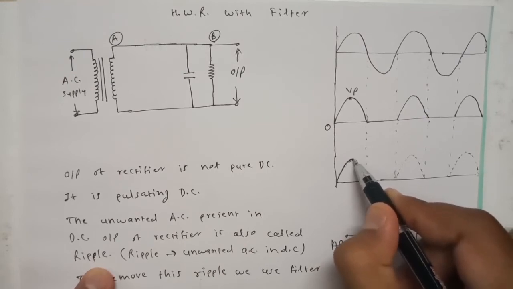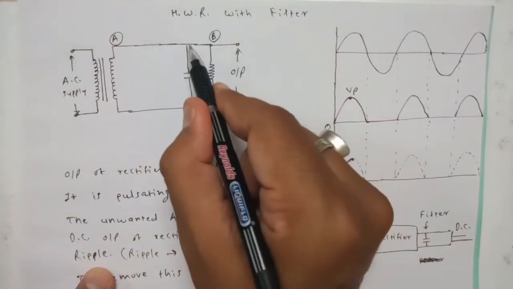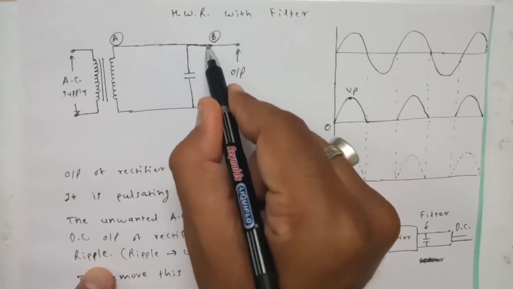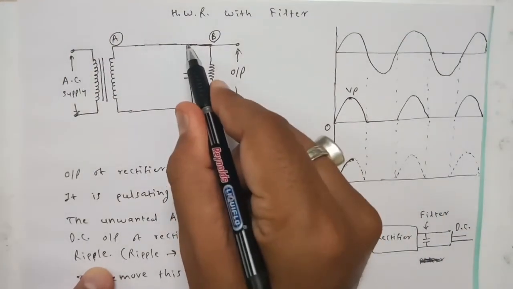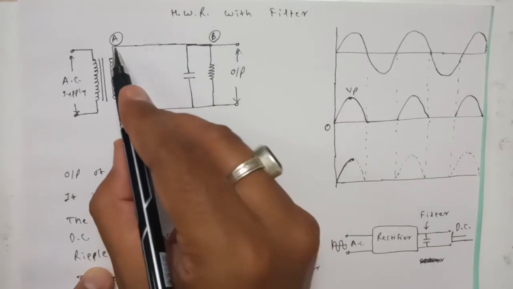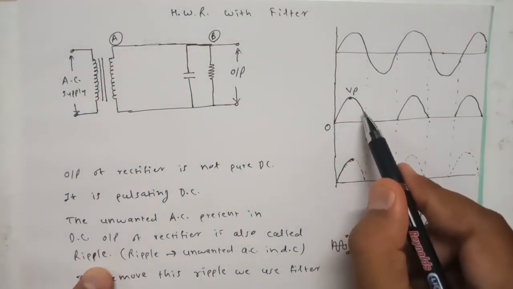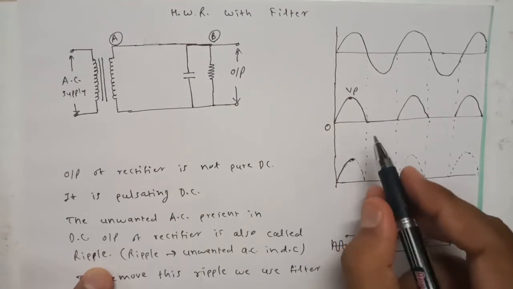The potential at point B becomes more, because the potential at point B is the potential here, right? So after this point, the potential available across the capacitor becomes more as compared to the potential at point A, because this is the potential at A, and here we can see after charging of the capacitor completely, the voltage starts reducing.